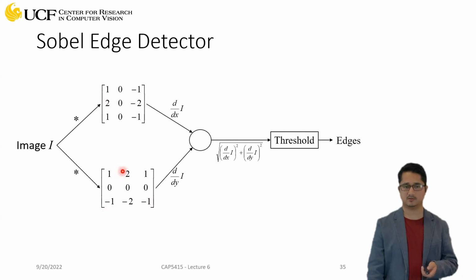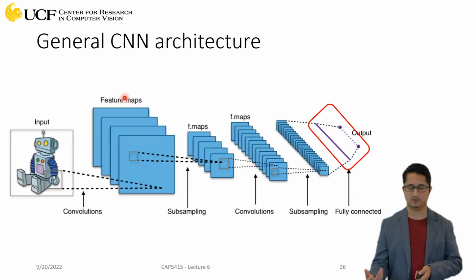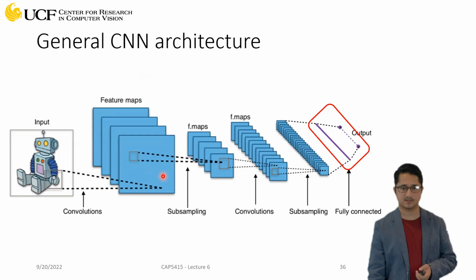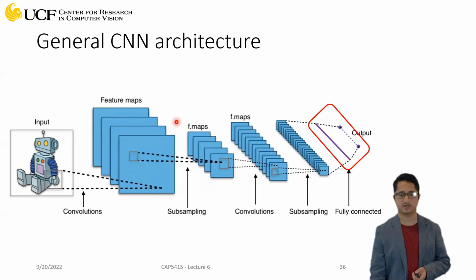Okay, so that was the algorithm for Sobel. But the idea is, again, you are just doing filtering here. Whatever filter you have, you're trying to find that pattern in your input image. If this pattern is present, your output activations are going to be high. So that's the whole idea about this center segment of your convolutional neural architecture.